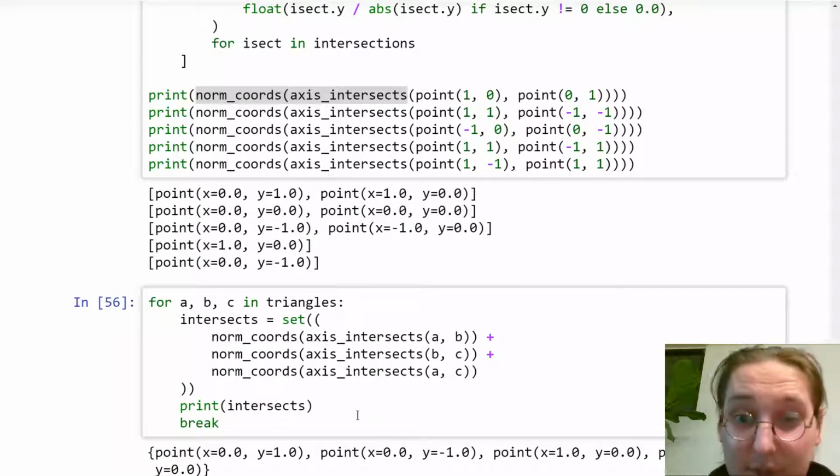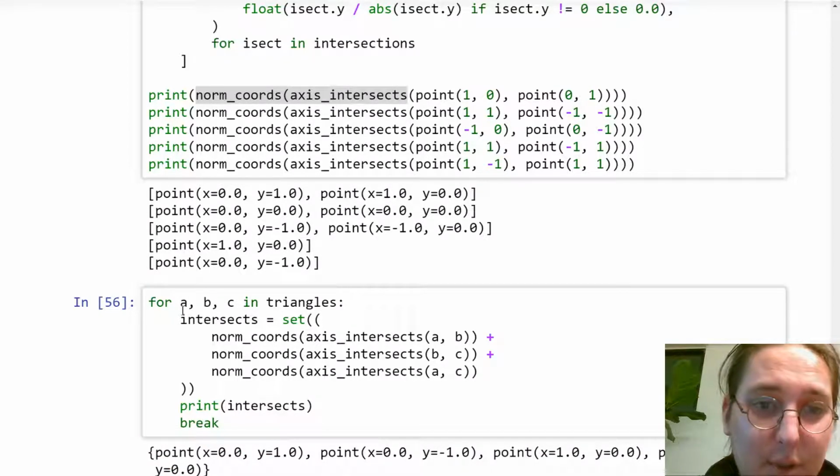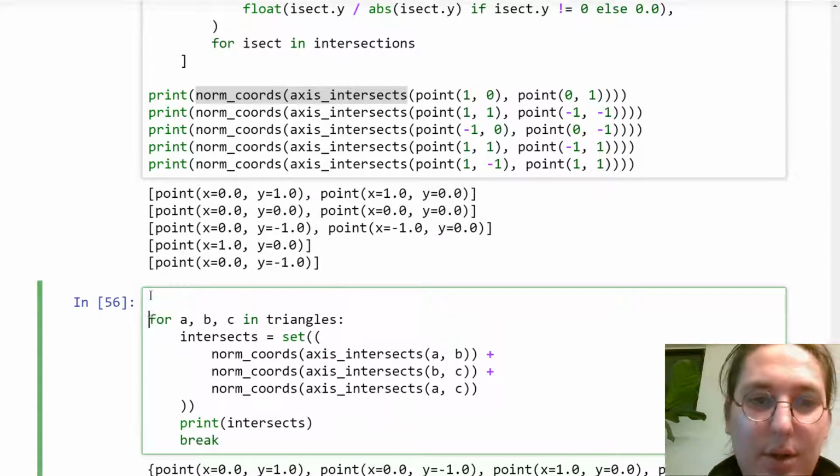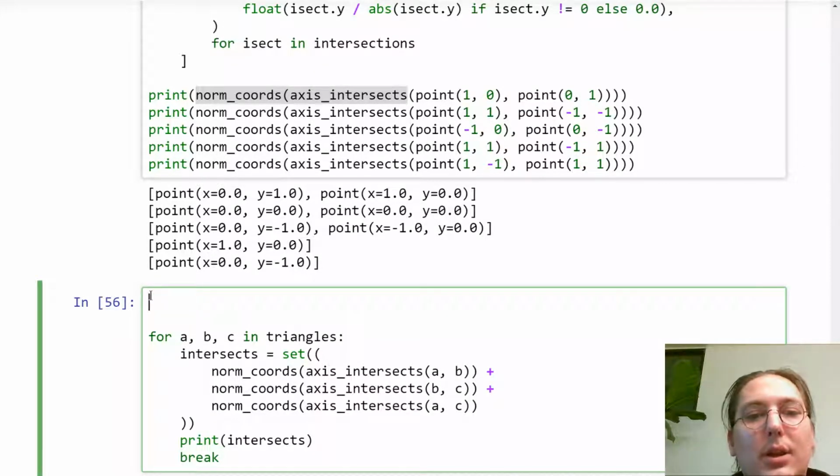So this is some kind of set of intersects, and the ones that we care about are the expected ones. Let's just call it compare intersects.